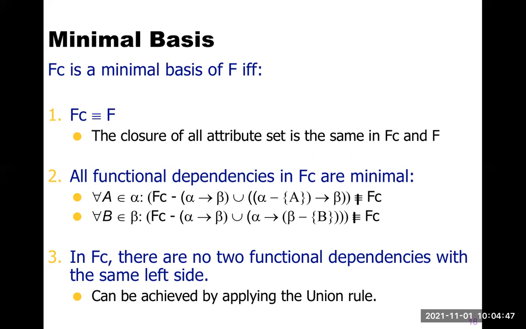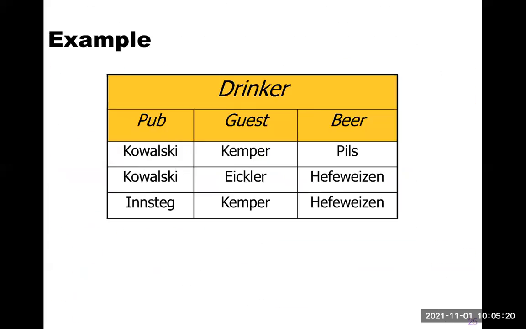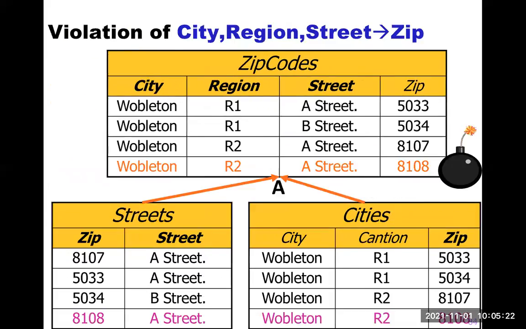So we make them minimal, trying to remove every column and checking the functional dependencies. And on some step of that removal process, all the functional dependencies are minimal. And then we just merge functional dependencies with the same left side. That's possible. We just merge the right side for them, and that's it. And that's the minimal basis. That's the minimal coverage of a functional dependency set.